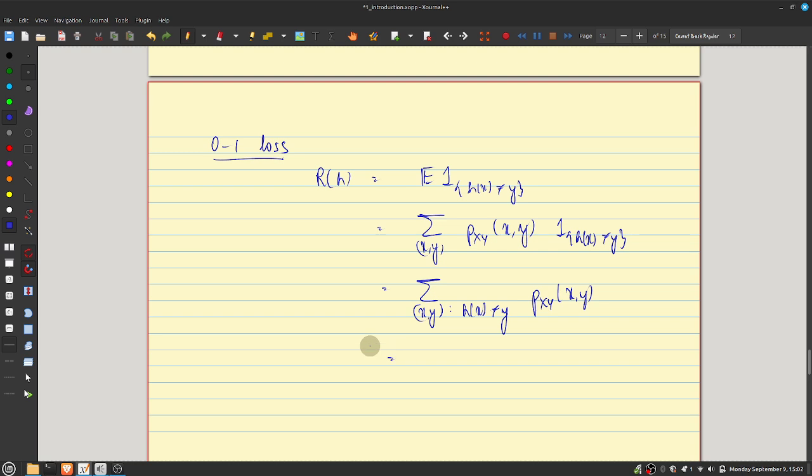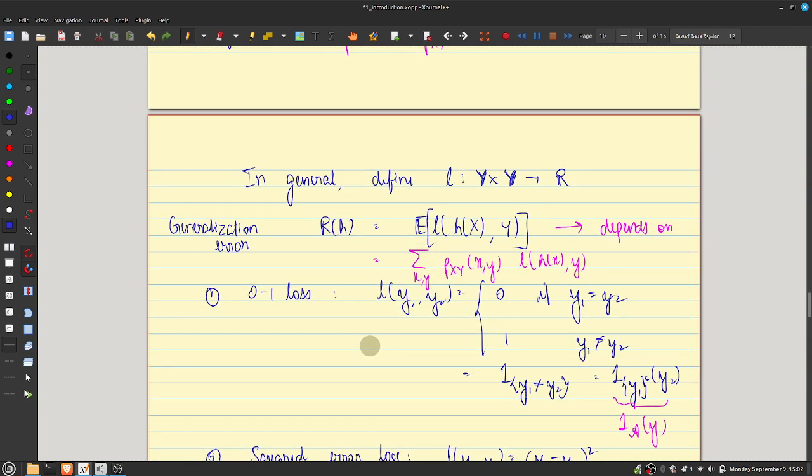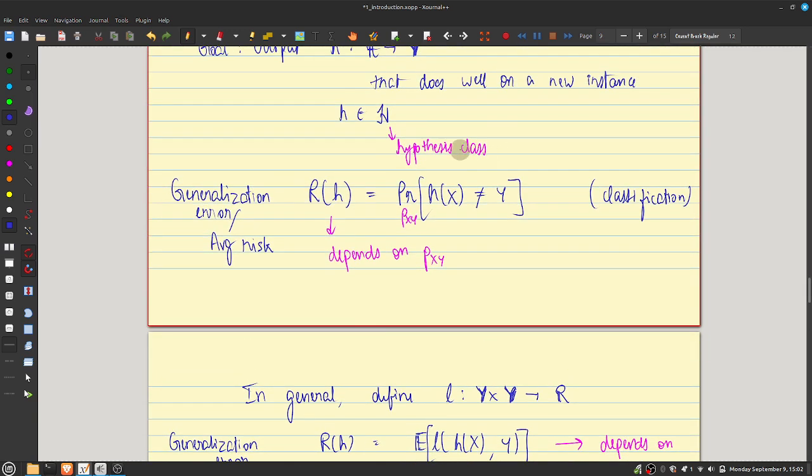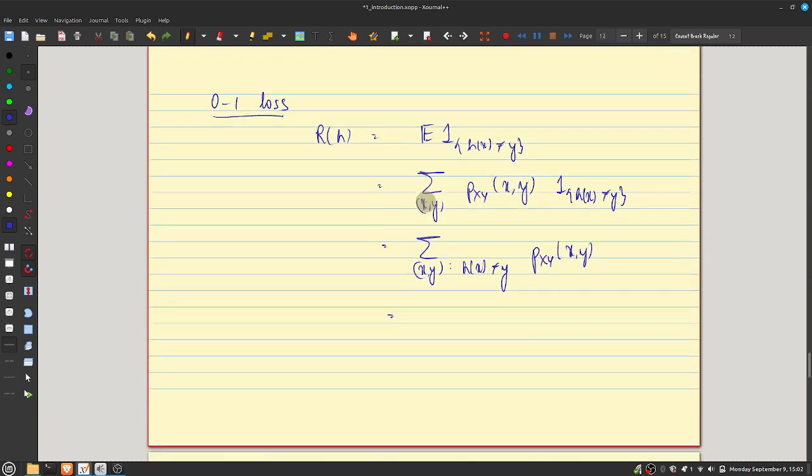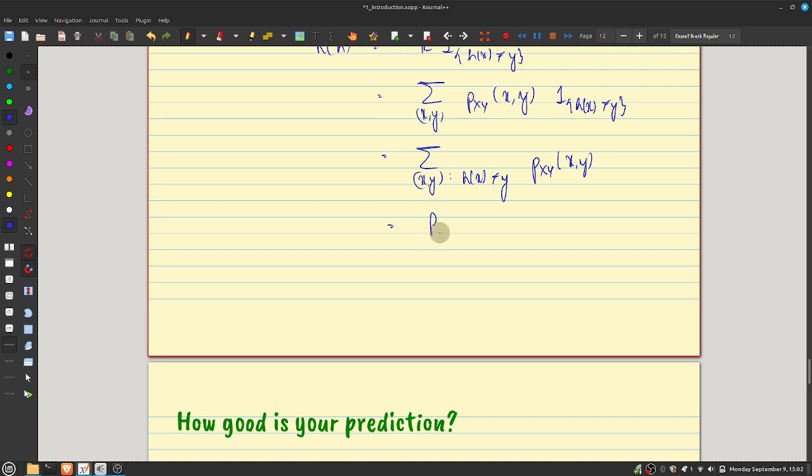Previously, when we denoted only the probability, not the summation. What do you mean? It's an expectation, right? An expectation is a summation. Right? Yeah. But it is only the probability of H of X. Correct, but that's by definition equal to this. It takes all the mass, and this is by definition equal to probability H of X not equal to Y, where X and Y are new random variables.